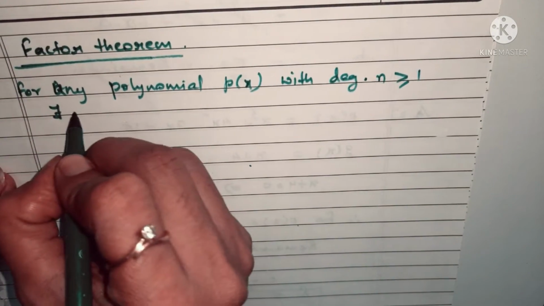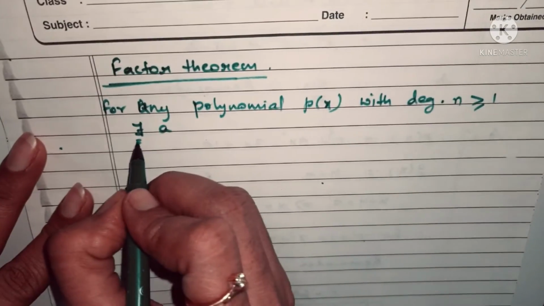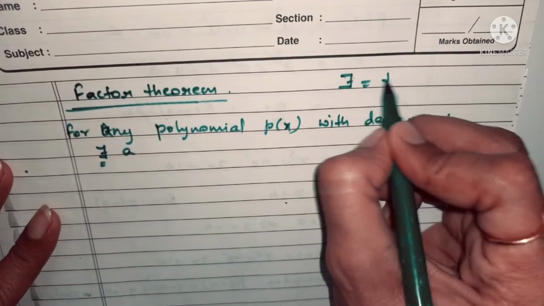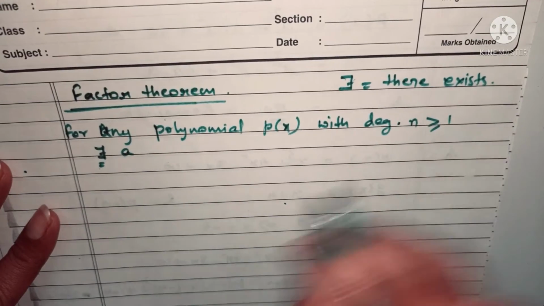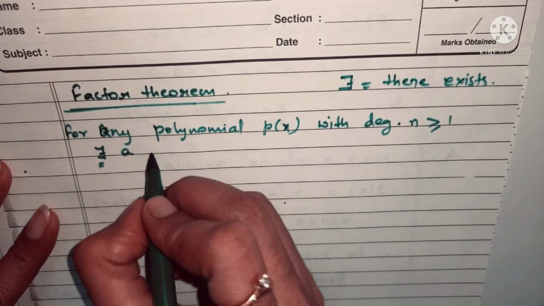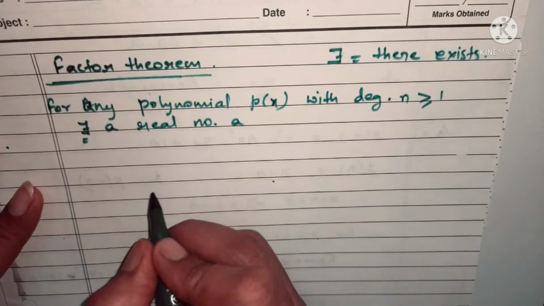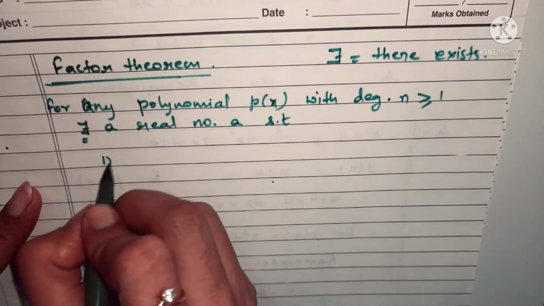This is the symbol of 'there exists'. It means that there exists a real number a, such that, now it has two conditions.